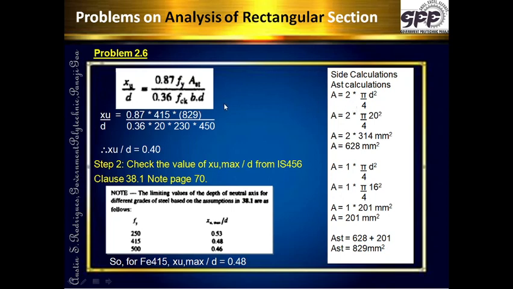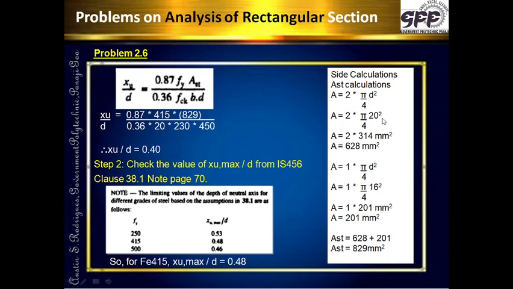Now look at this. Since it is a combination over here, the area of two bars, area of a circle, so 2 into pi by 4 into d square, 2 into this comes to 314, so area comes to 628. Area of 1 bar of 16 mm, which is also circular, so 1 into pi by 4 into 16 square, comes to 201.